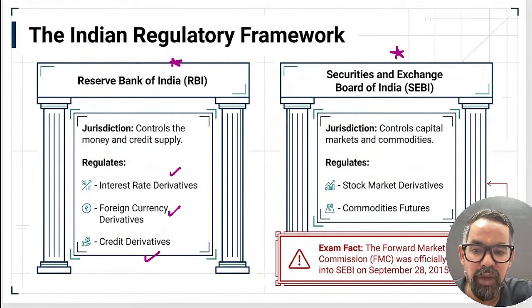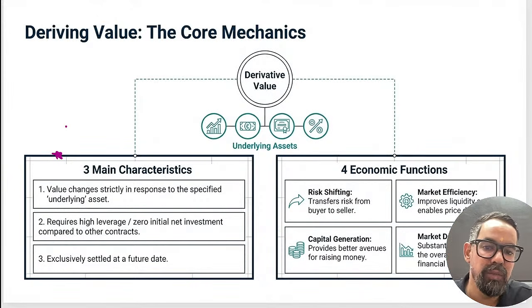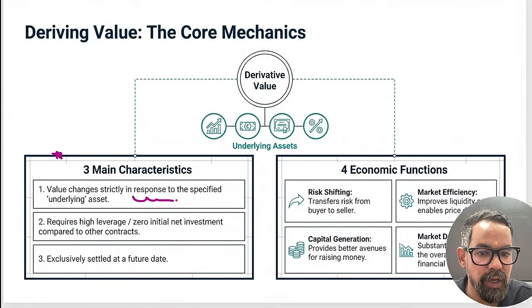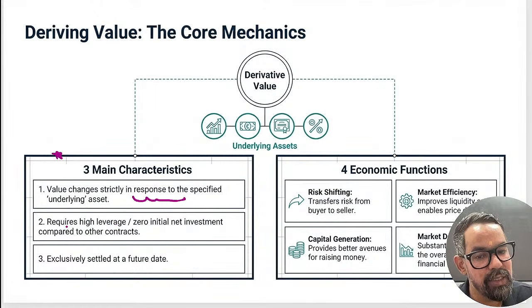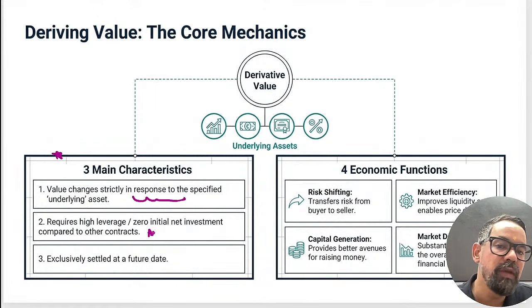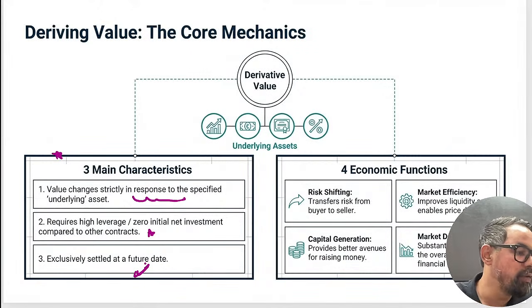So when it comes to derivatives, the functions and main characteristics: by definition, the value is derived from and depends upon the underlying asset. It is a high leverage product, where very little initial margin is required. It is settled at a future date.